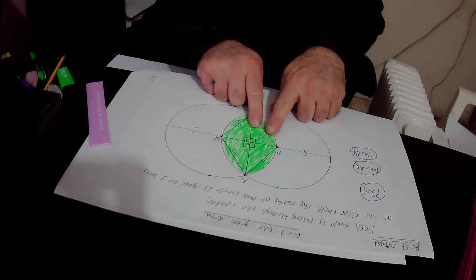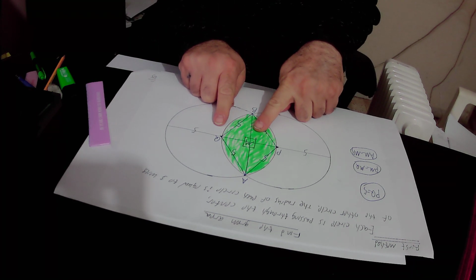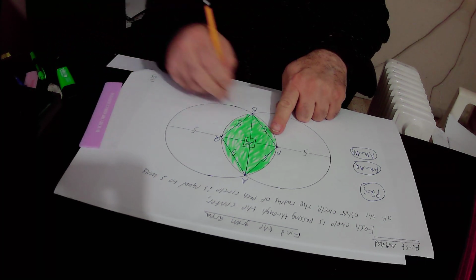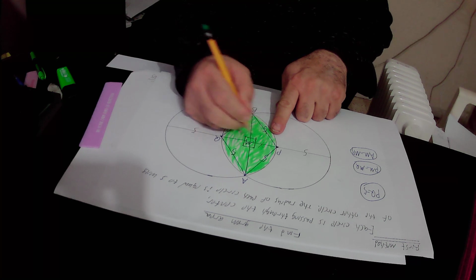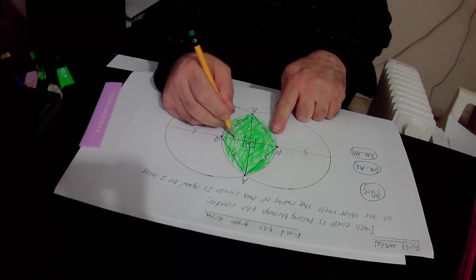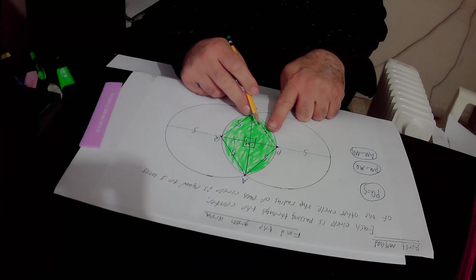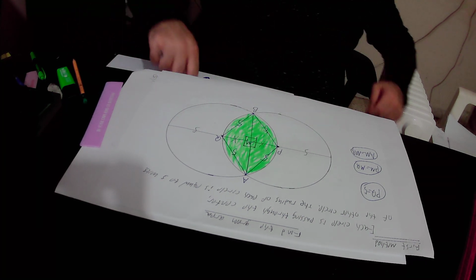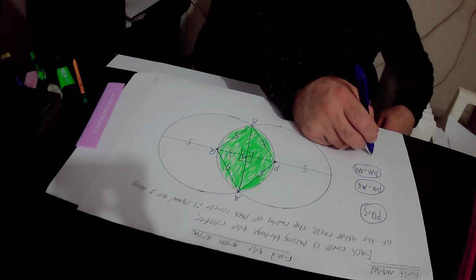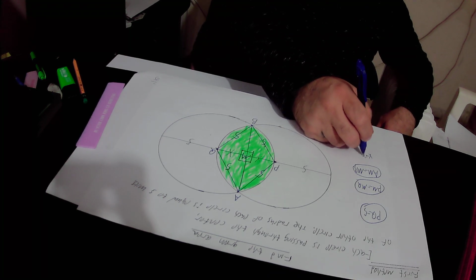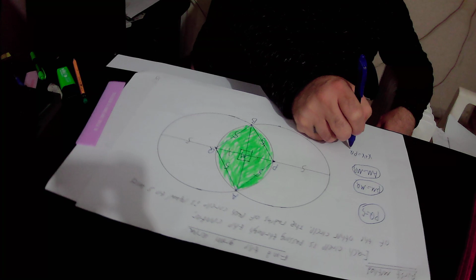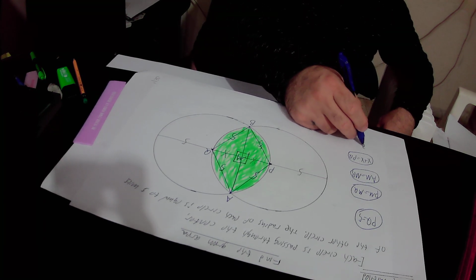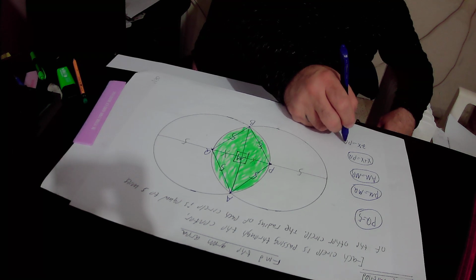So we know that PM equals MQ. If we define PM as X, then MQ will also equal X, and X plus X equals PQ. So 2X equals PQ.